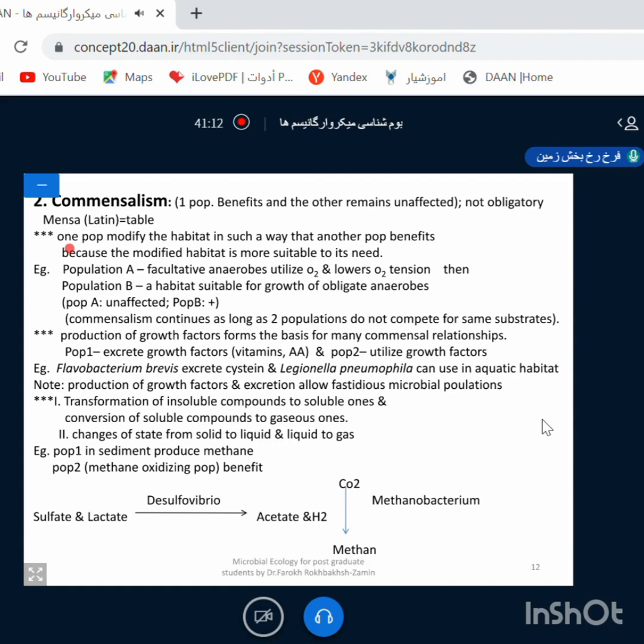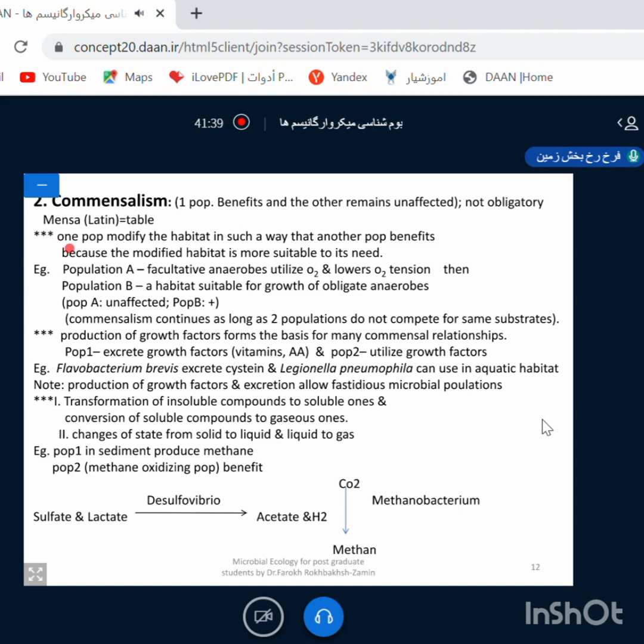But for the obligate anaerobe, the presence of the facultative is very important, because after some time, with the absence of oxygen, they can grow and multiply. Okay?